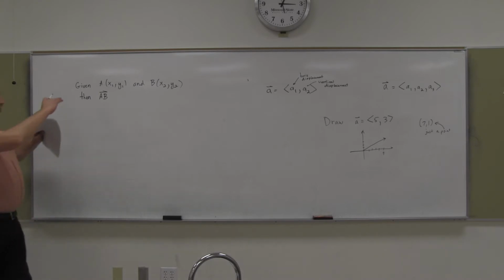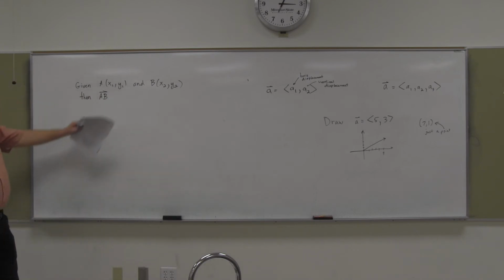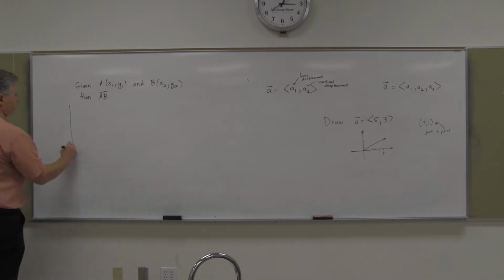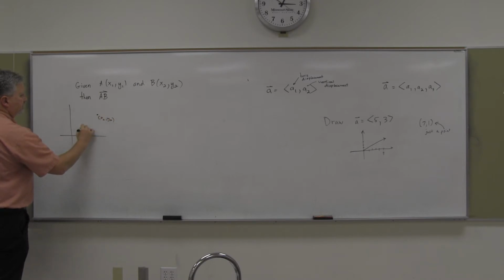I can't just put the vector symbols around one of those because that doesn't tell the story for that vector AB. So I've got the x1, y1 point, and then x2, y2, and I want that vector right there.